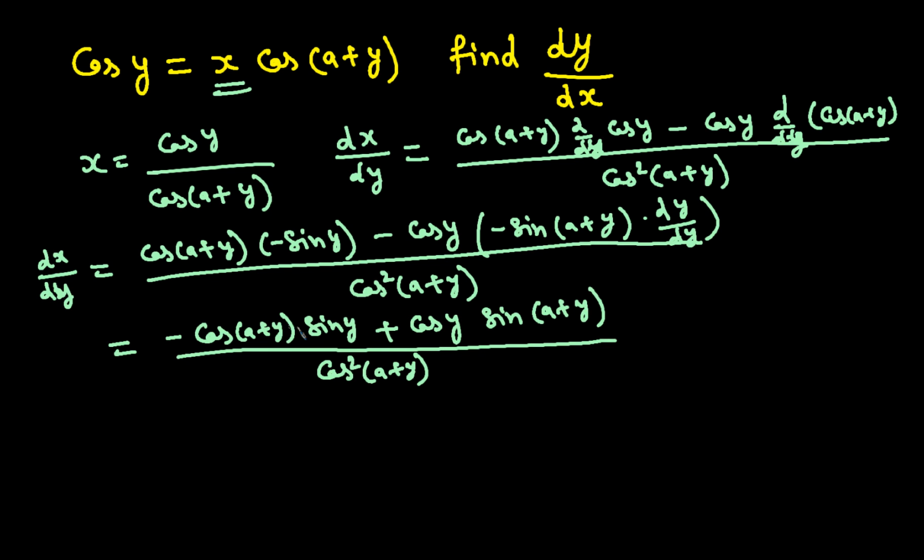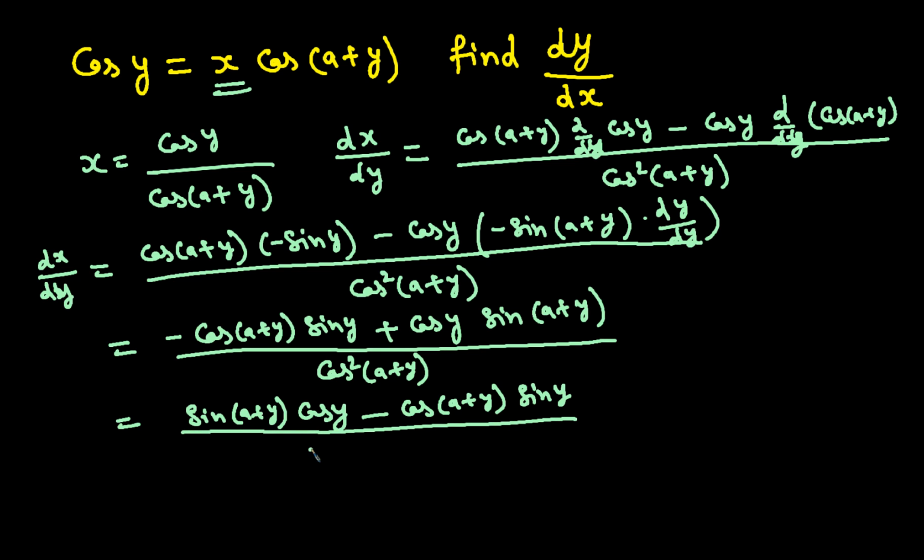I'll show you. Let's rearrange the numerator one more time. So I'm gonna write sine of a plus y into cosine y, which is this term, minus, now this term, cos of a plus y into sine y, and divided by cosine square of a plus y.